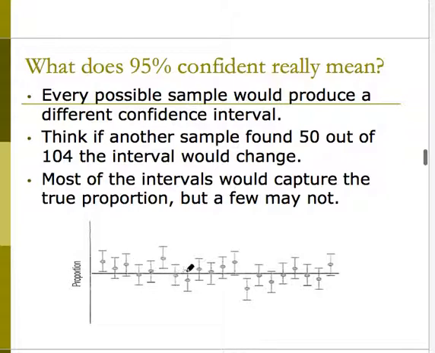They produce a different confidence interval. If we looked at another sample of 50 out of 104, we might get one of these. But if you look, they're pretty good. Only a couple. This one totally misses what the true proportion is. This one misses it, and this one misses it. But generally speaking, they all catch what that true proportion is.